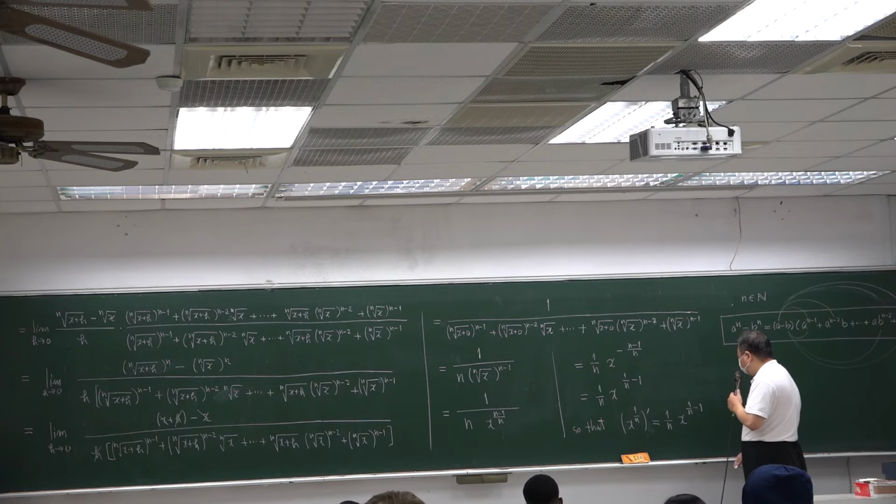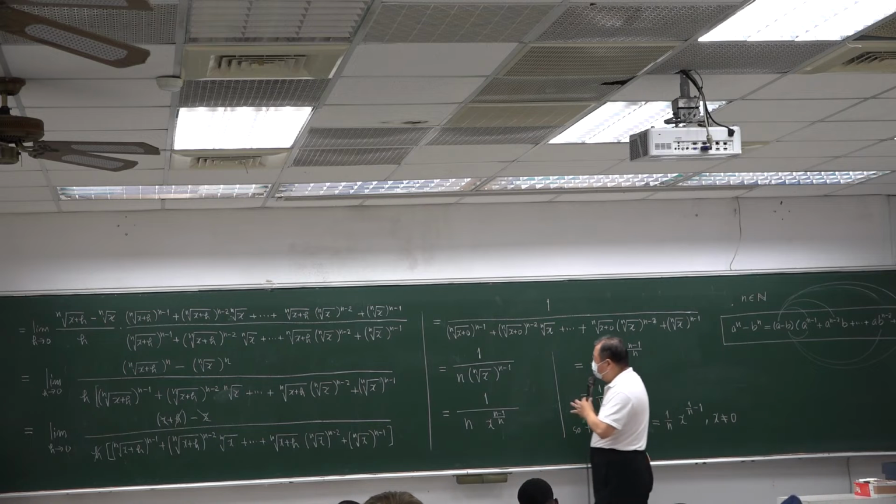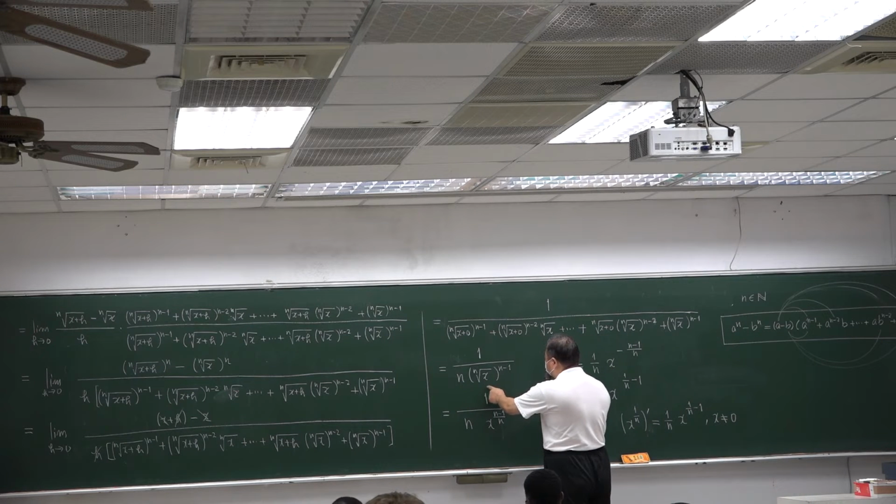Of course, here we have some condition here. x is not 0. Because if x is 0, then the denominator is 0.